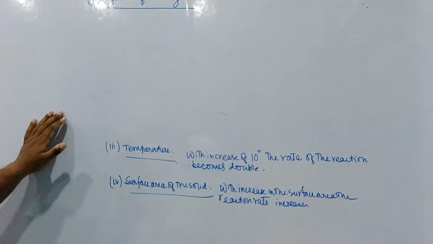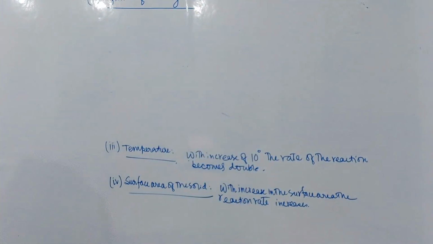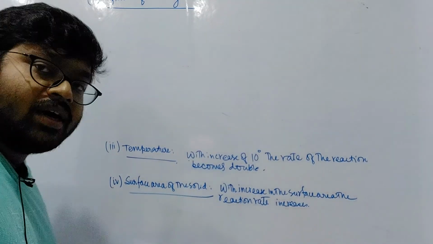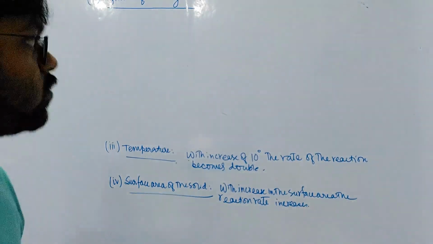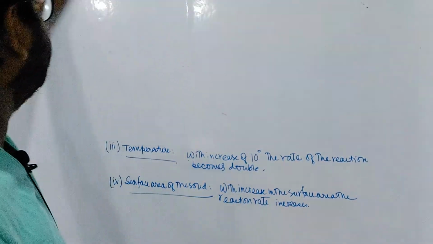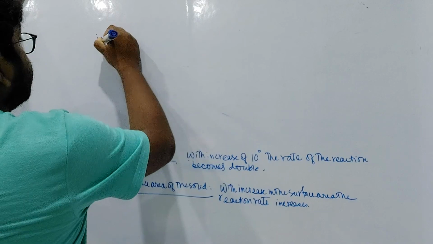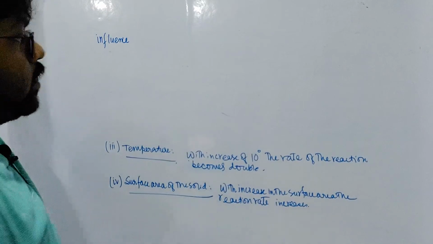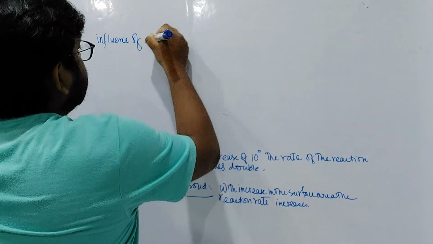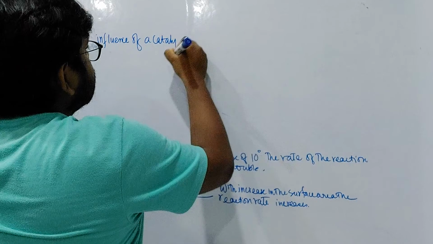Now the question arises, how a catalyst can influence the rate of the reaction. See, simply we know that what is a catalyst? A catalyst is a chemical substance which generally increases the rate of a chemical reaction. Okay, it is not visible, so let me write it over here. Influence of a catalyst. Okay, now it is visible.